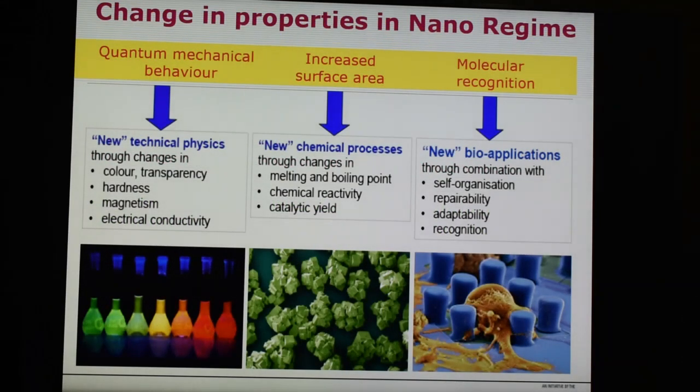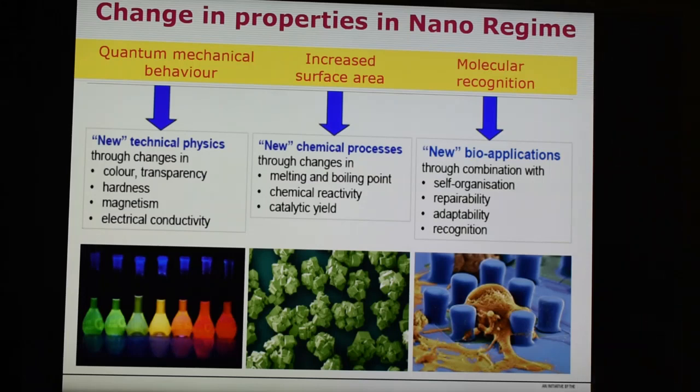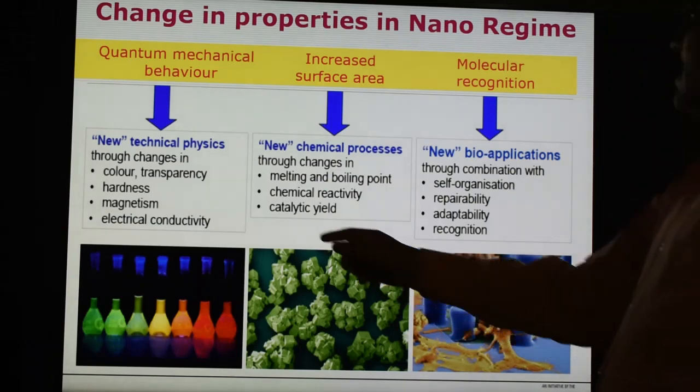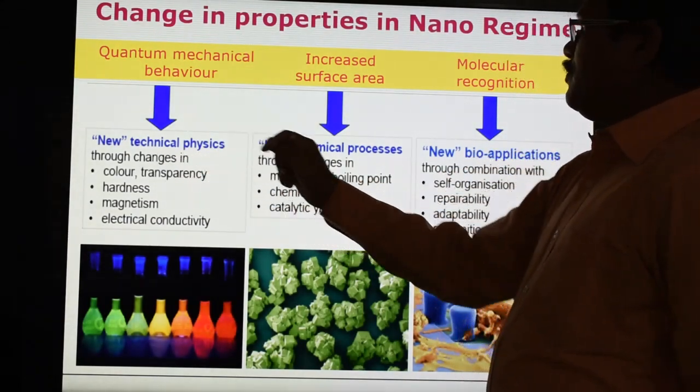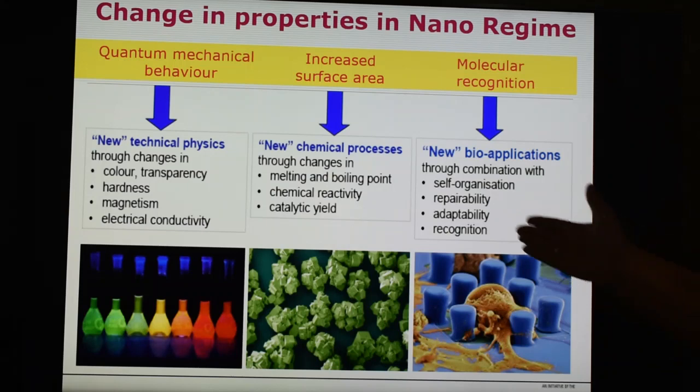Next slide shows the properties in the nano region, and 3 approaches are here. One is quantum mechanical behavior, second is increased surface area, third is molecular recognition. In case of the first approach, there is new physics and it shows changes in color, transparency, hardness, magnetism, electrical conductivity.